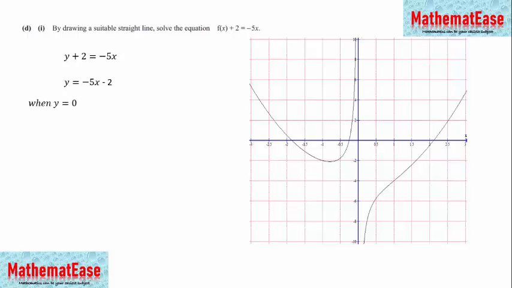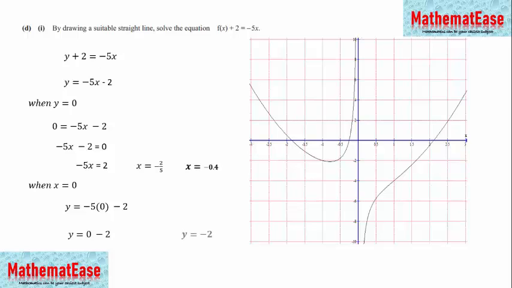Now, when y is equal to 0, I turn y to 0, then x is equal to minus 2 over 5. When x is equal to 0, y is equal to minus 5 multiplied by 0 minus 2. So y is equal to minus 2. So x is equal to minus 0.4 and y is equal to minus 2.